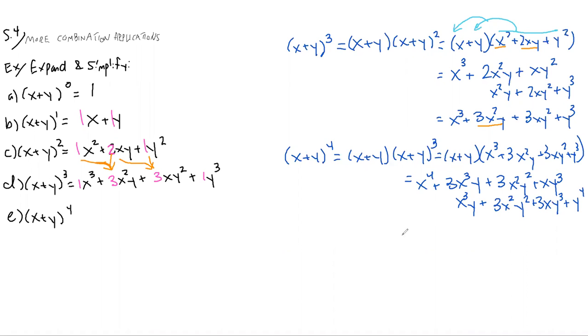And so again, when we add those up, it ends up just being essentially that every term is taking from the two terms above it. So we get x4 plus 4x cubed y plus 6x squared y squared plus 4x y cubed plus y4. Again, those coefficients, if you're not paying attention, what we've got is actually Pascal's triangle here.